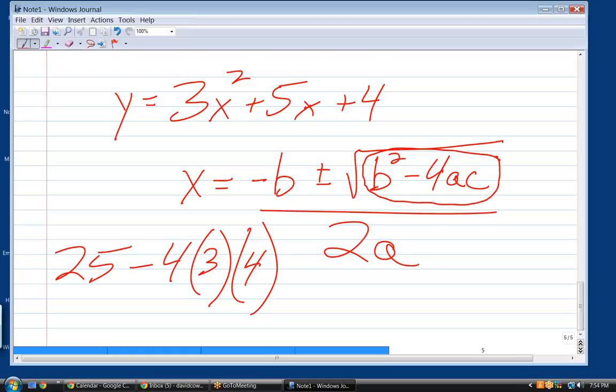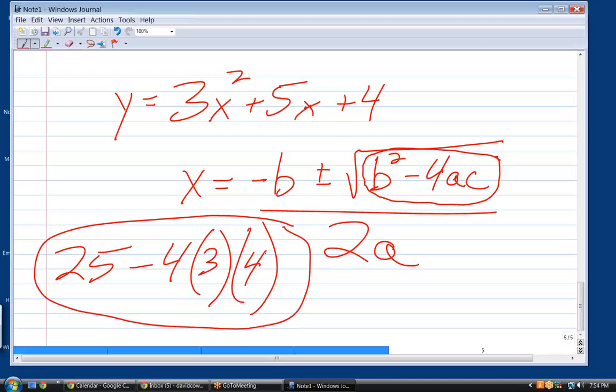Complex solutions always come in pairs. You can't have just one. If you have a complex solution, you have to have 2. If that number would have been positive, we would have had 2 real solutions.